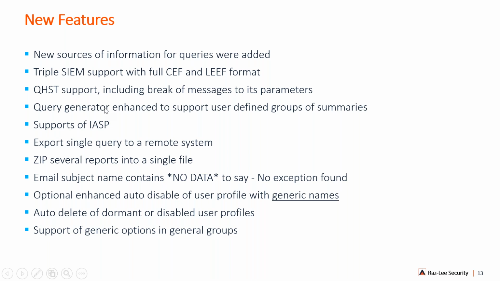We have a lot of reports with the query generator, and we also support ASP, and we have remote system, so you can run one report on another machine and get everything in one batch of reports, including zip. We can zip the reports with password protection. For each report that has no data, you will receive the subject "no data", and then you will be able to put this report in a specific folder.